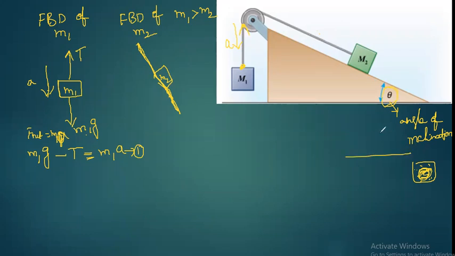You take the M2 value directly and calculate, right? Because the block is on an inclined plane, let me draw this clearly so that you can understand.